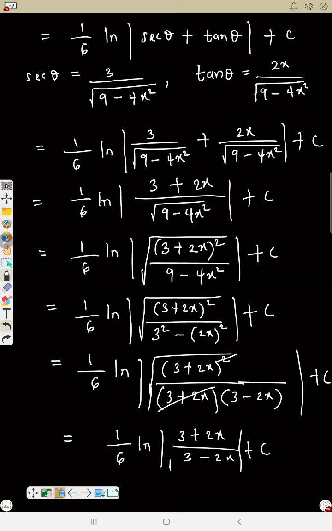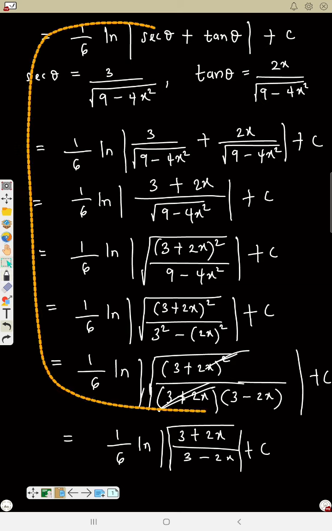But there we have a square root. Remember, we still have the square root. This is the only one that cancels out. So from here we can simplify further.